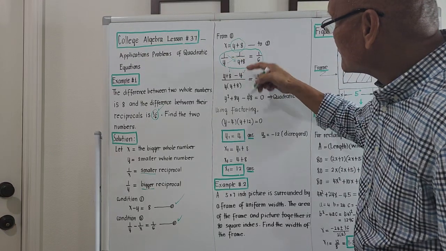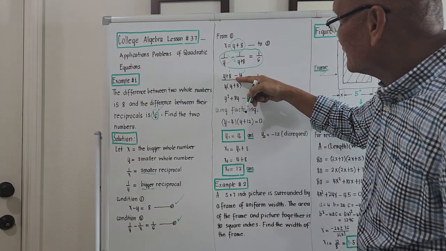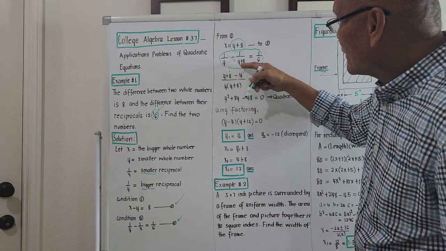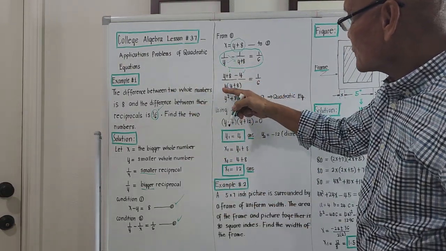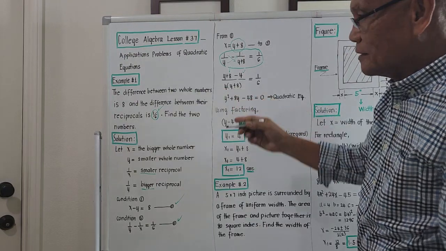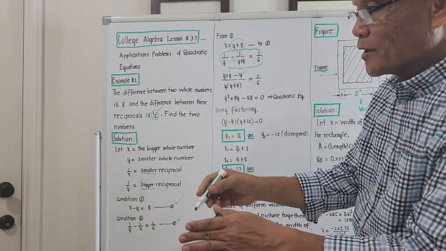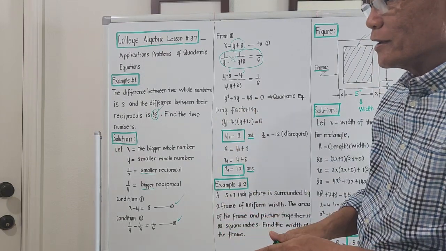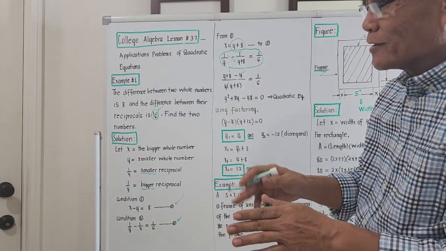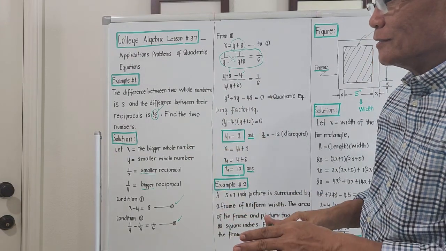This is preceded by a negative sign, so this is minus y. The overall denominator of the left-hand side is the product of y times y plus 8. That's the so-called butterfly method under the short videos, and we are saturated with that one. I hope you are already very good with the butterfly method.